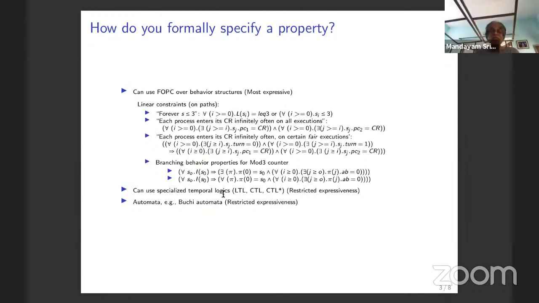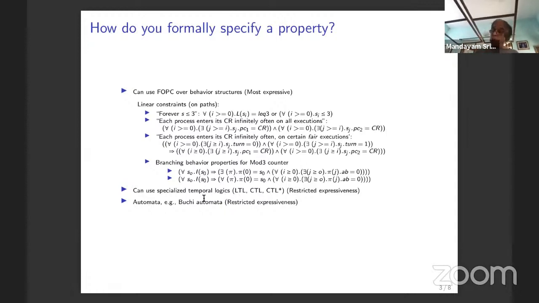That's the reason that if you're especially interested in automatic methods, then they look for restricted logics, which are not as expressive as full first order predicate calculus, so that you can exploit the limited structure of the formulas in that language to devise decision procedures or model checking procedures for checking properties in that language.